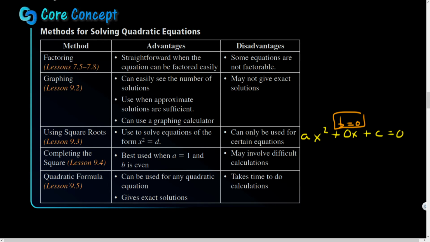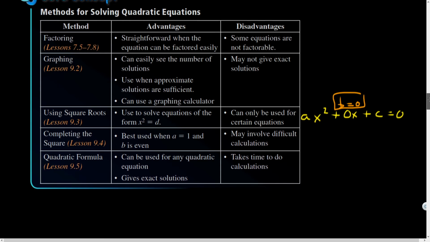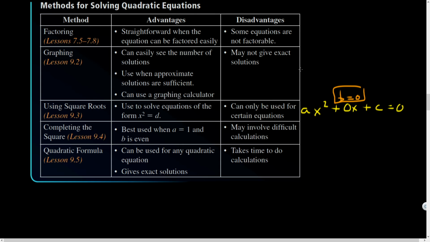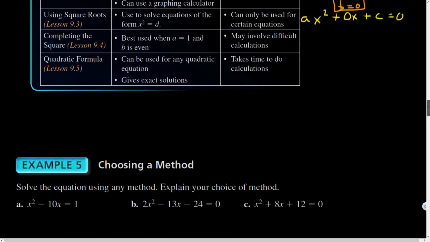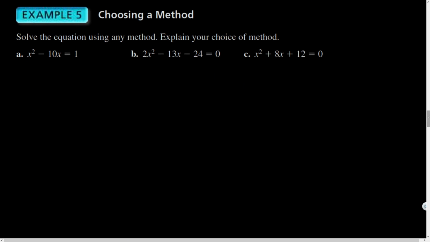And akin to the completing the square method is the quadratic formula, because we discovered this by completing the square. It works every time, gives exact solutions, but its calculations could be tedious. Although we're still going to have a review day and a review assignment, this is going to be a great summarizing experience for us, choosing a method to solve.